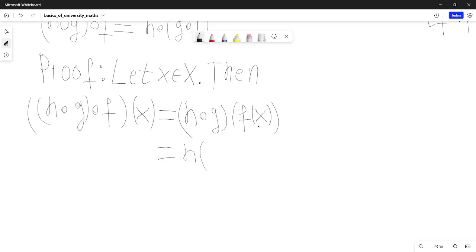Well, of course, it might seem a little intimidating, but no worries. That just means we have that element f of x. We have to evaluate it at g by definition of composition, right? And evaluate just means assignment. So g assigns to this f of x something.